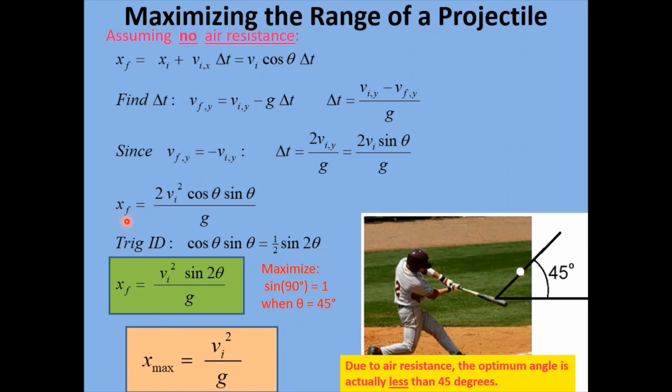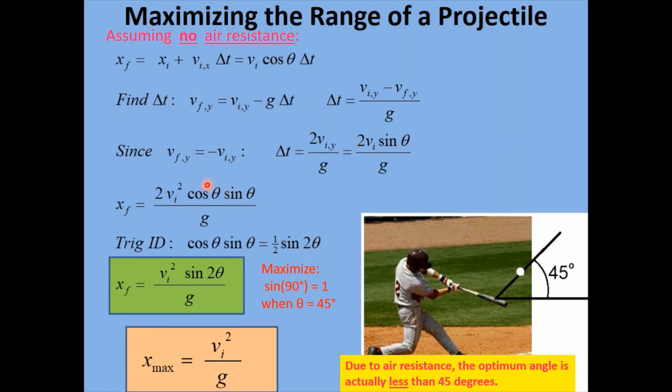One thing we can do to make it a little more obvious is replace cosine theta times sine theta with a known trig identity. You can look up a table of trig identities, and the one we're going to use here is called a double angle formula. Cosine theta times sine theta is equal to 1/2 times the sine of 2 theta.